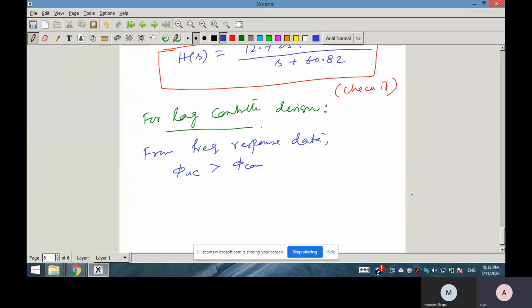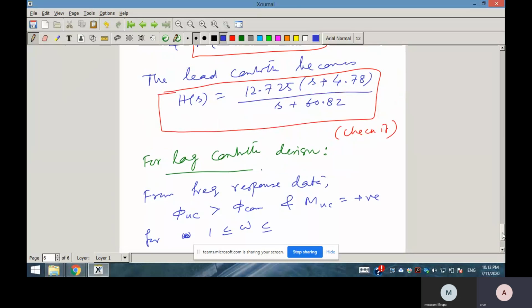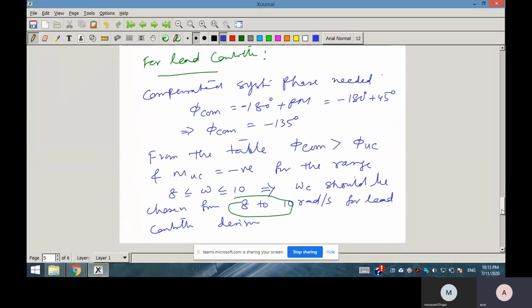Phi UC is more than phi com, and MUC is positive for 1 less than or equal to omega less than or equal to 2.5.